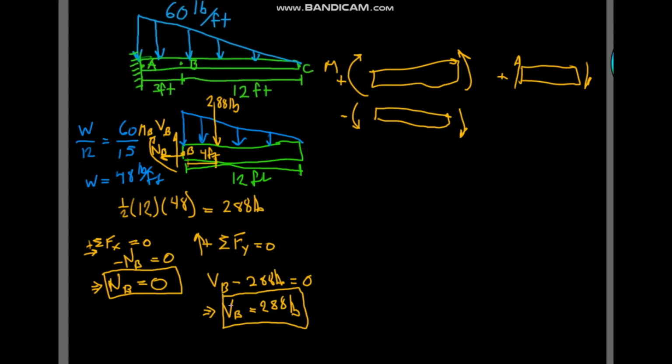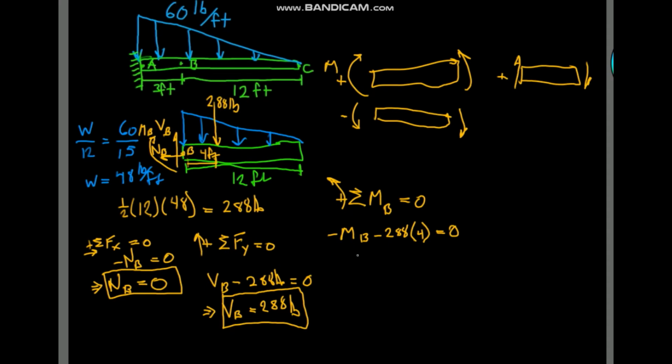And lastly, our internal moment, which is going this way. So if we take the sum of the moments about point B equal to 0, we'll call counterclockwise positive because that's usually the convention. So we've got, in this case, a negative M_B minus 288 pounds times a moment arm of 4 feet equal to 0.